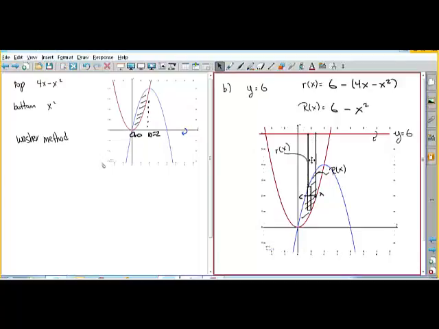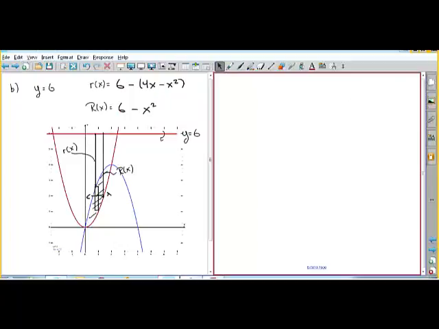So the inside radius of this rotation is the blue curve. So we take 6 minus (4x minus x squared). And the outside radius, which is the red curve, is going to be 6 minus the red function's value, minus x squared. So those are my radii, and everything else stays the same.